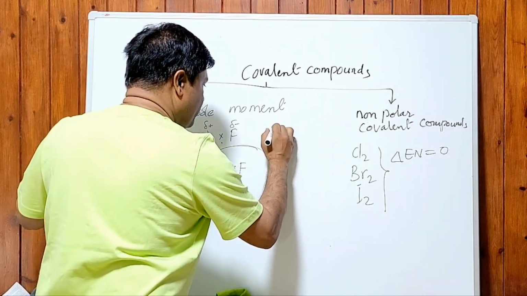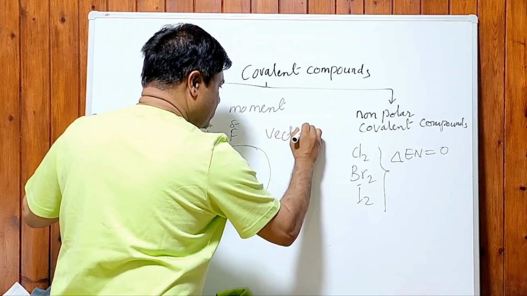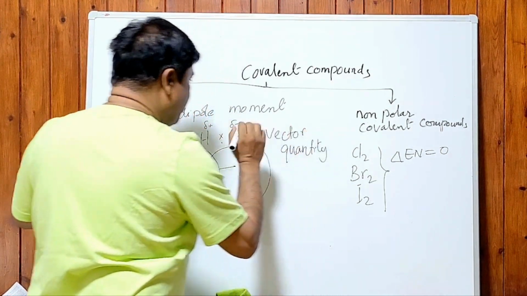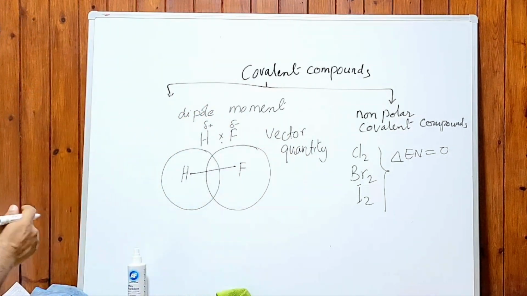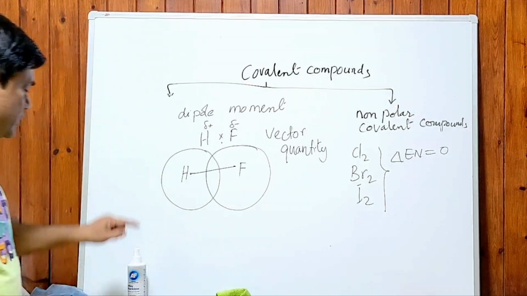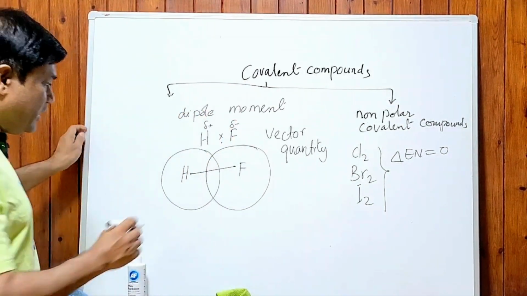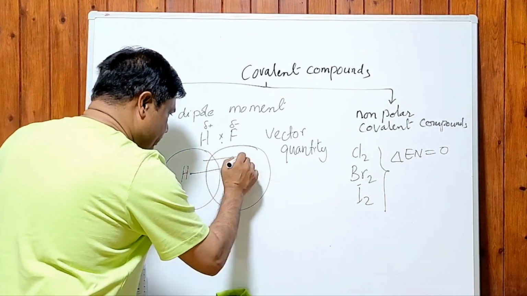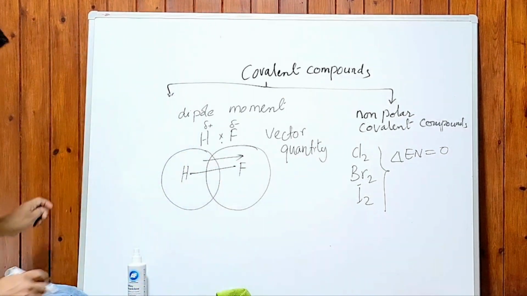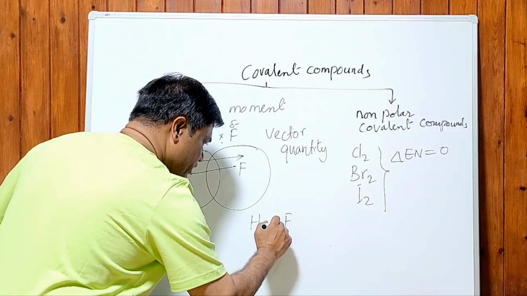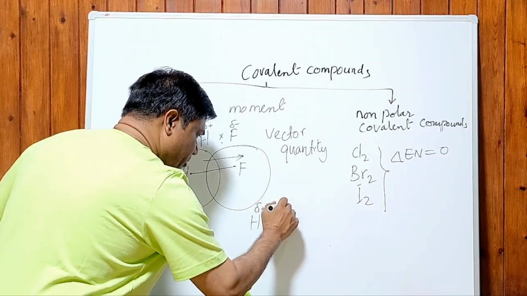What is meant by the term vector quantity? Dipole moment is a vector quantity. It has direction as well as magnitude. See, it moves from partial positive to negative. You have to show the arrow like this. Suppose this is HF, hydrogen fluoride, partial positive, partial negative.